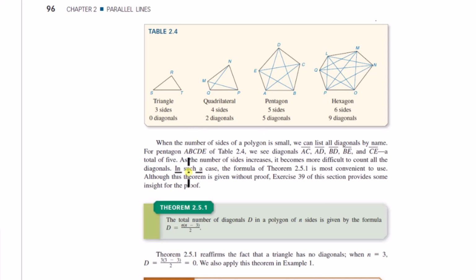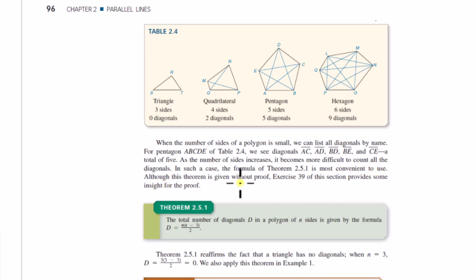If the polygon is small enough, you can visually inspect the letter order of the polygon and see how many diagonals there are. But as the number of sides increases, it becomes more difficult to count all the diagonals. In such a case, the formula of this upcoming theorem is most convenient to use.